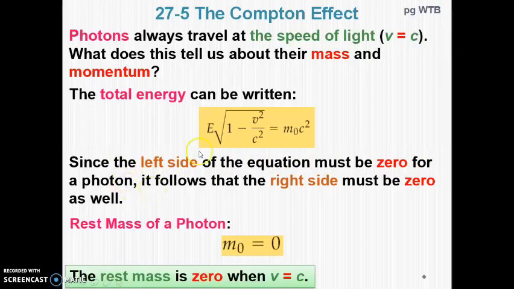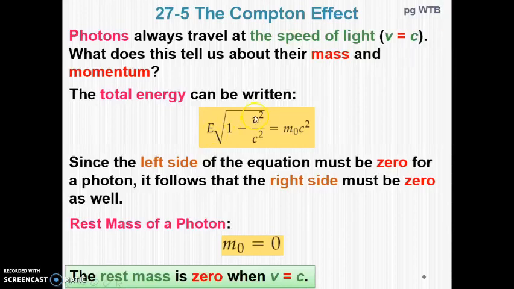Why 0? Because when the speed of the photon is equal to the speed of light, this becomes 1, so 1 minus 1 becomes 0, and the left side becomes 0. So it follows the right side must be 0 as well.